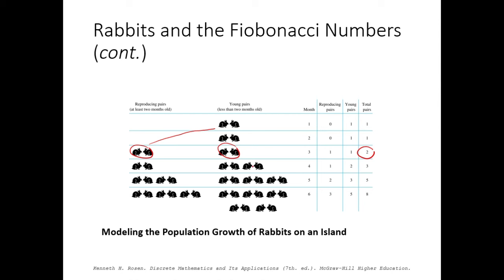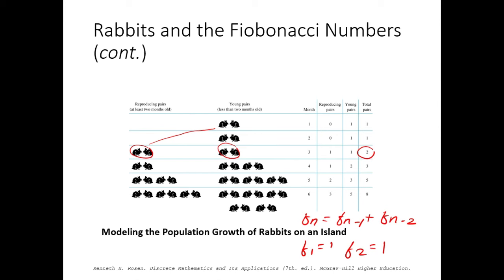So the nth element of the series can be calculated as the number of pairs on the island in the previous month plus the number of pairs produced in this month, which is equal to the number of pairs 2 months back, which is nothing but f_{n-2}, with the initial condition that the number of pairs in the first month is equal to 1, and the number of pairs in the second month is equal to 1.